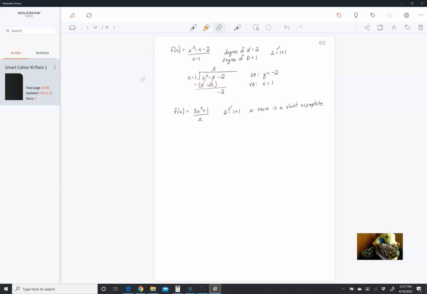And in this case, we divide x into 3x squared plus 0x plus 1. How many times does x go into 3x squared? 3x times. And I'm sorry, we have to make it in standard form. So plus 0x. We subtract.